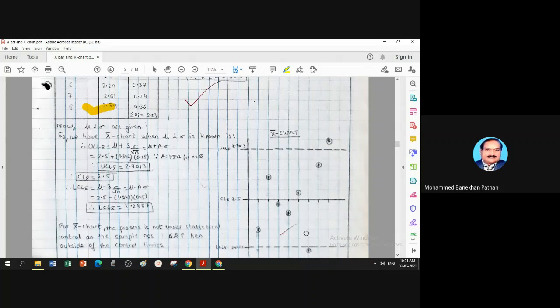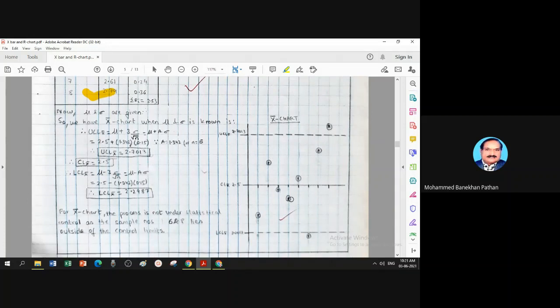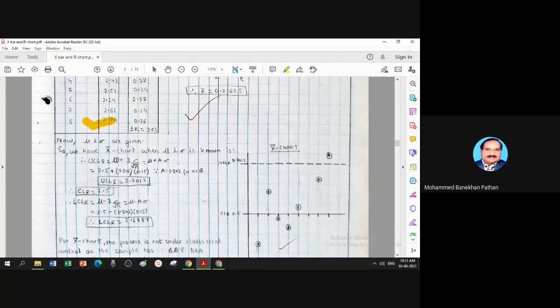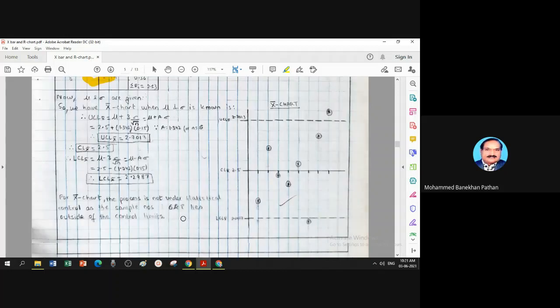Similarly, for sample number 6, the mean is 2.29 and the lower control limit is 2.2987, so this point comes below it.